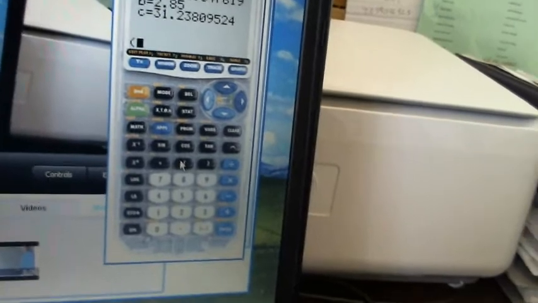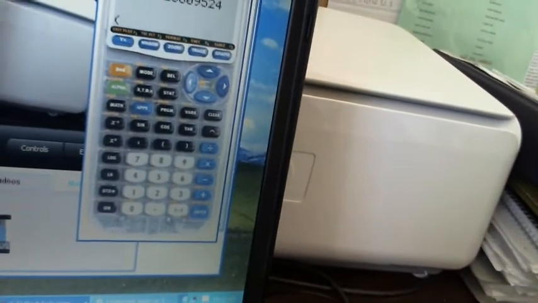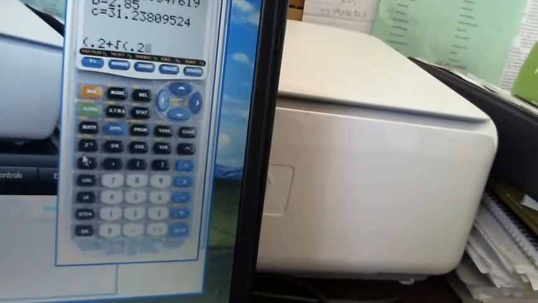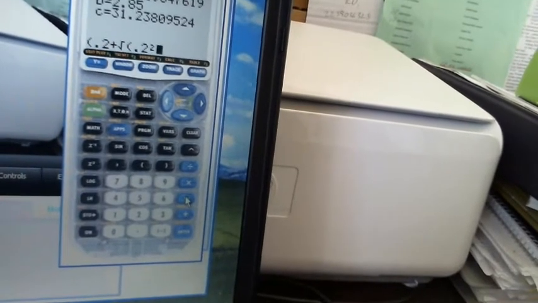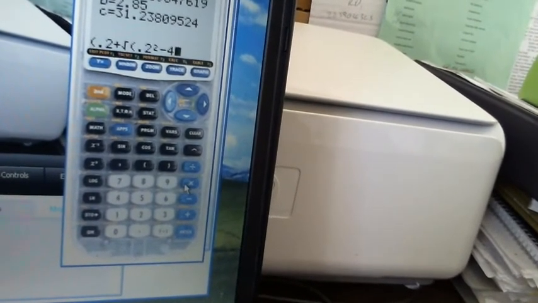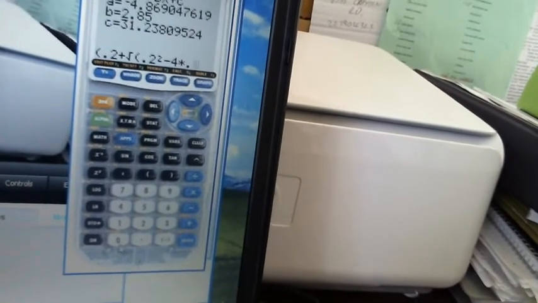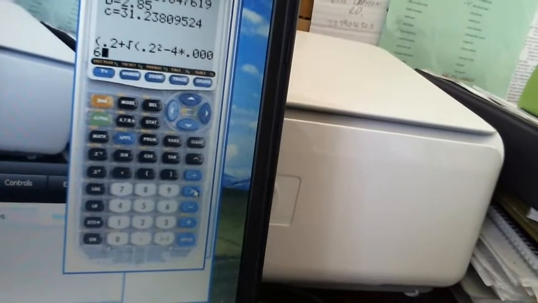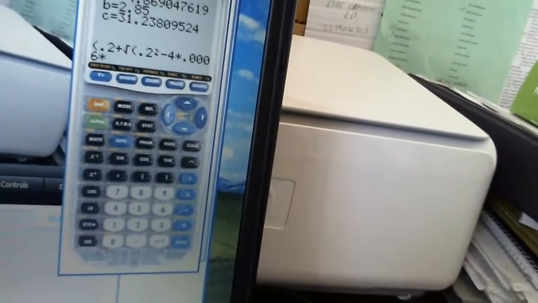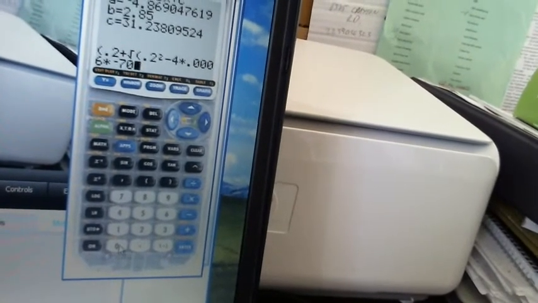So it's going to be, let's see, negative b plus or minus square root of b squared minus 4ac, all over 2a.